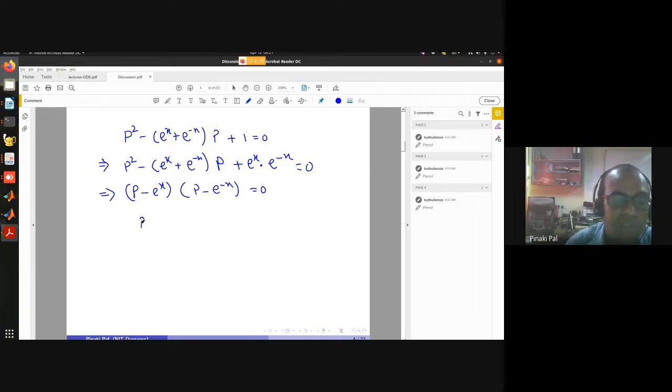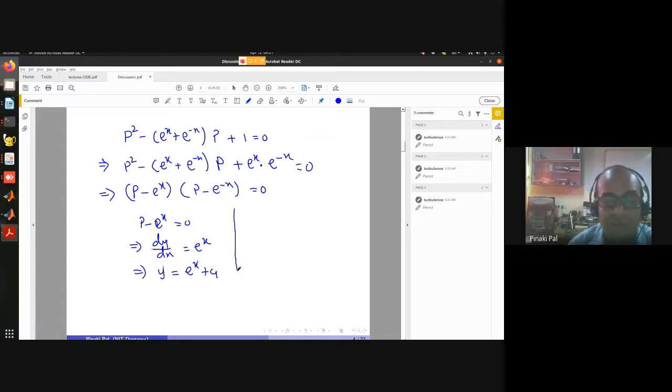So if you consider the first factor and form the differential equation, dy dx is equal to e to the power x. So this implies y is equal to e to the power x plus c1.